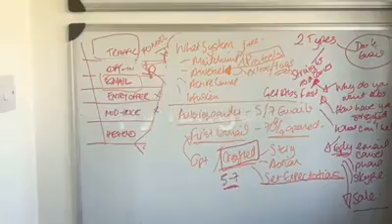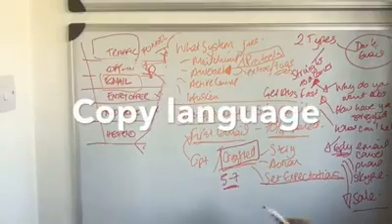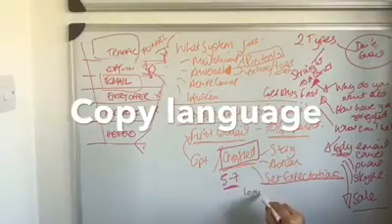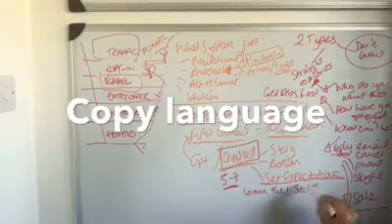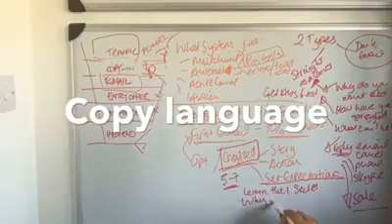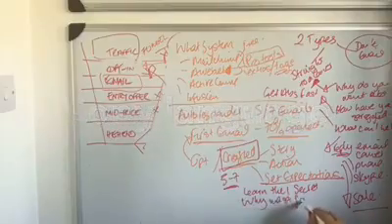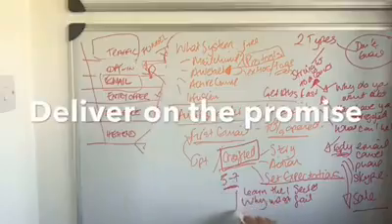So we're using very much copy language here, like learn the one secret, why most people fail. And you're actually telling them that they're going to learn this within these emails.